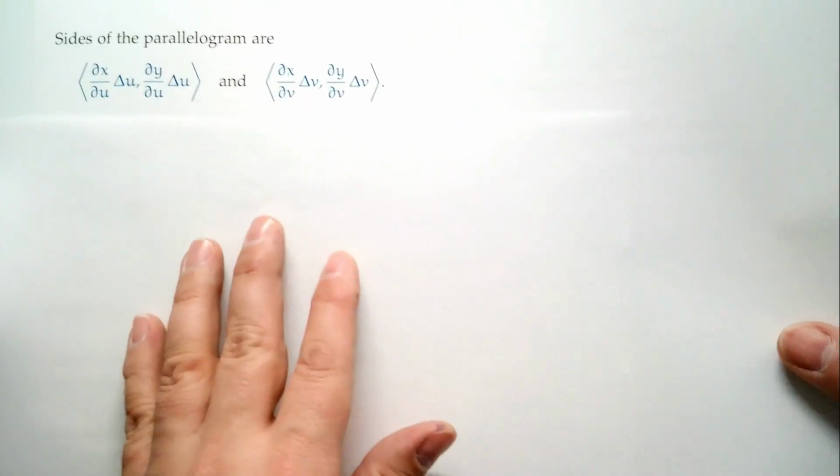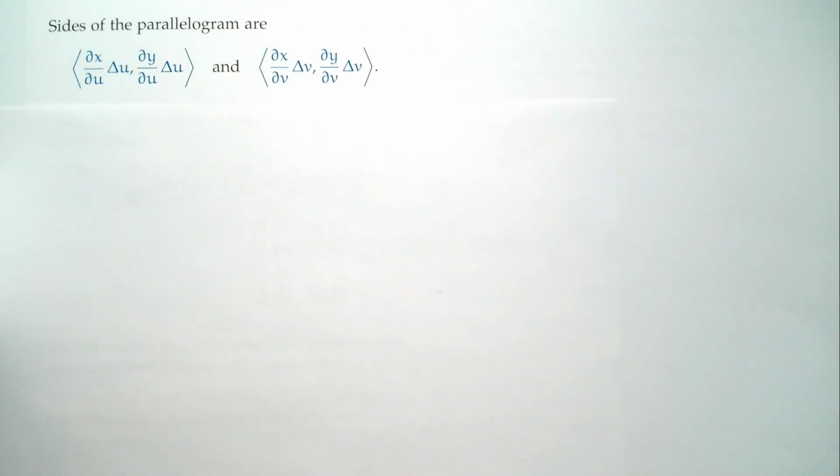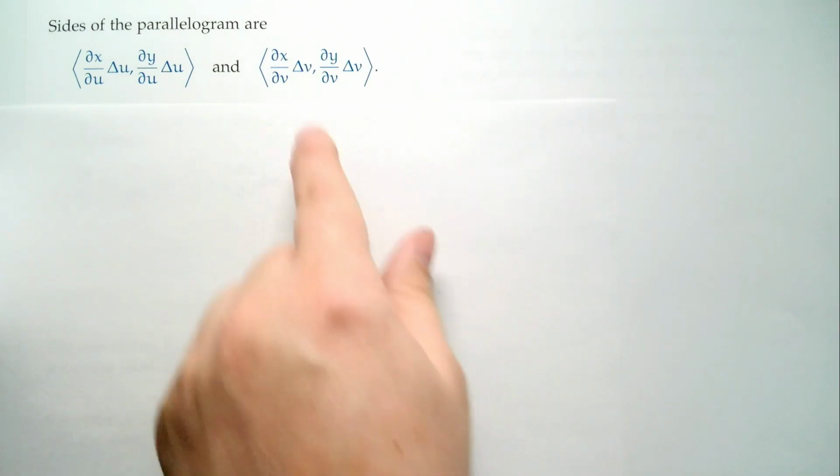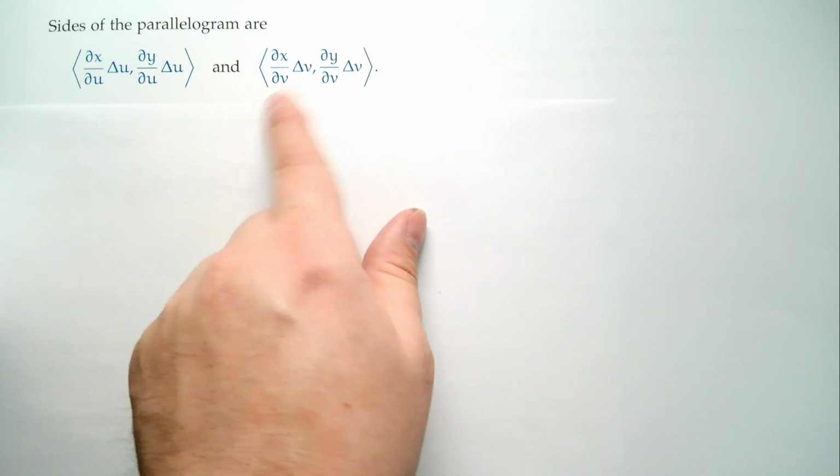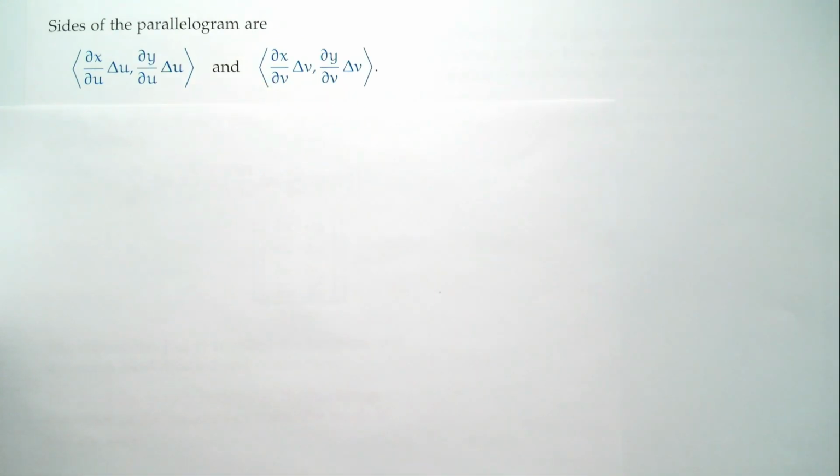The sides of the parallelogram are given by partial derivatives times our changes. So partial x, partial u times change in u, partial y, partial u times change in u. Again, you have to imagine the side that corresponds to change in u, what happened to it. Then there's a side that corresponds to change in v, and what happens to that? Well, if I change v, I'm going to change both the x and the y entries. So I get a vector.